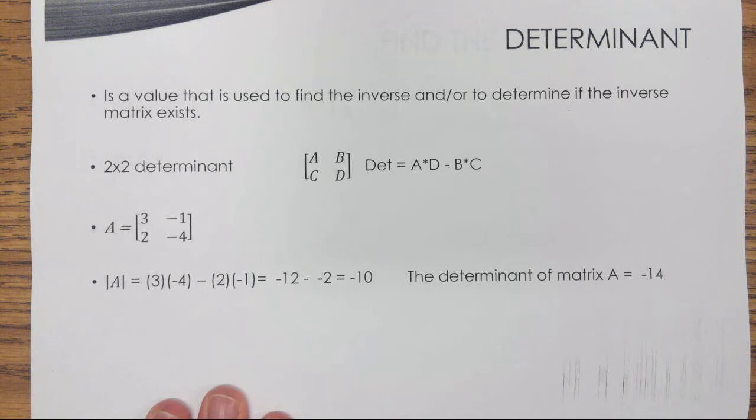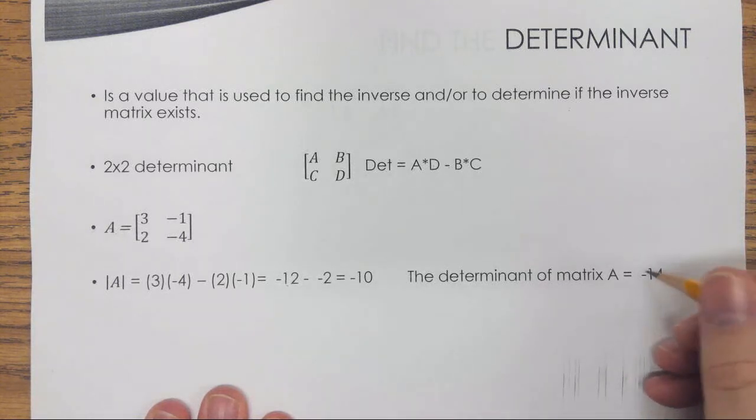So 3 times negative 4 is negative 12. Negative 12 minus 2 times negative 1 is negative 2, so that's negative 12 plus 2, and that's equal to negative 10.